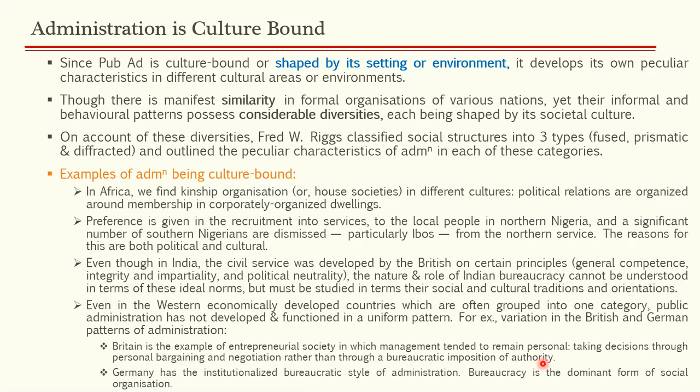How administrators take decisions in Britain is still through personal bargaining and negotiations. Even if the formal structure might be the same, even if there is a bureaucracy and everything, inside the bureaucracy the behavior is different. I hope these examples are clear to you, how culture defines administration in different regions of the world. This is how administration is culture bound. So moving on, we will now see the interaction between culture and public administration.